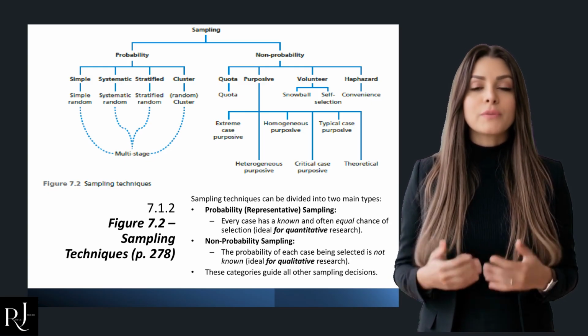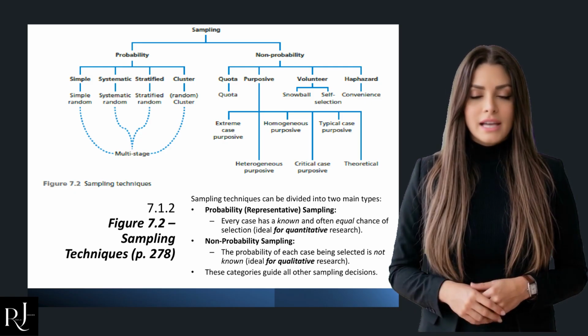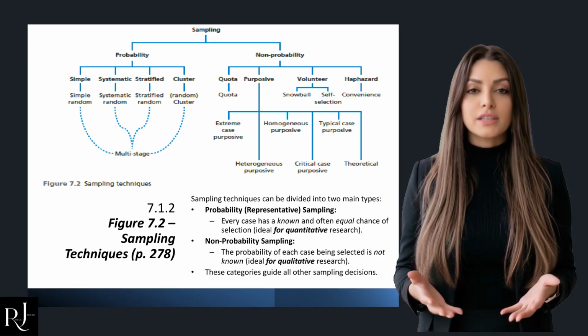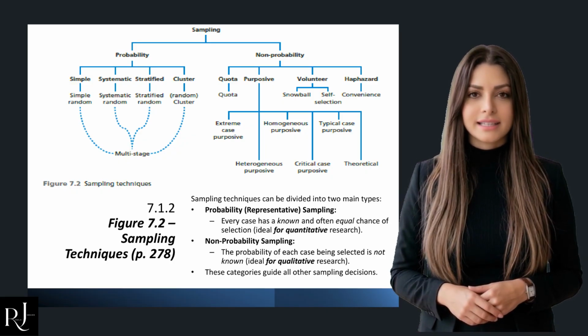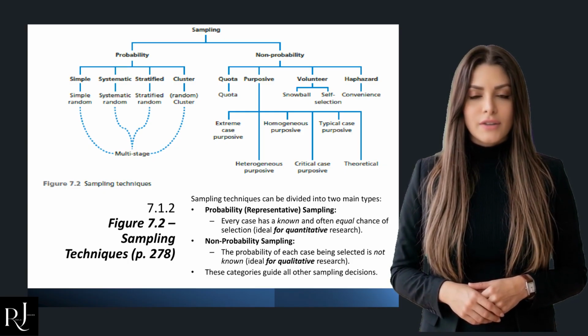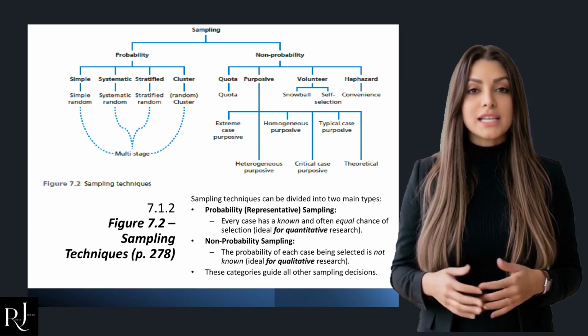Conversely, in non-probability sampling, the probability of selection is unknown. This makes it better suited for qualitative research, where you are building theory rather than generalizing. For instance, if a researcher is exploring the experiences of entrepreneurs in a new startup ecosystem, they might use purposive sampling.